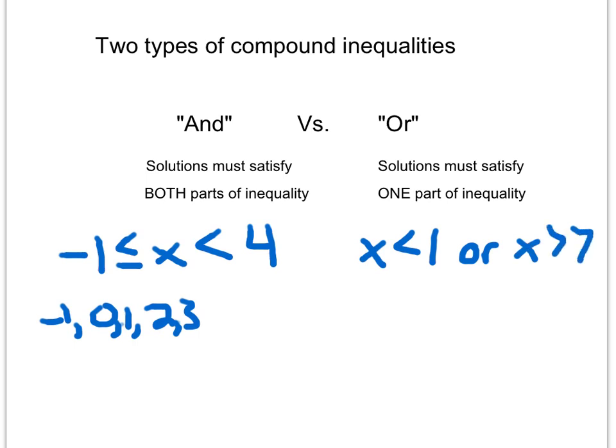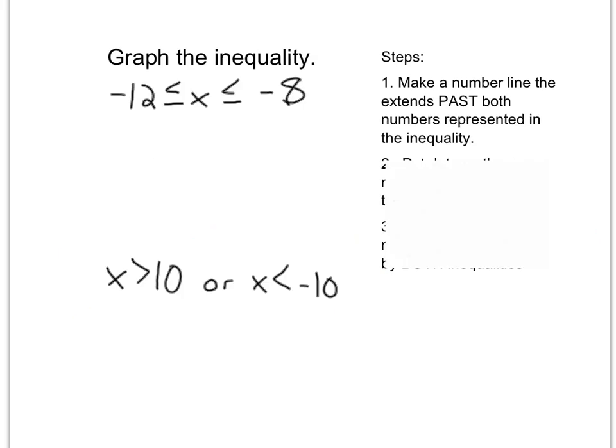Think about numbers that would satisfy this. 0 is less than 1, so it works. 8 fills this because it meets the second criteria over here. So "or" has solutions that only need to work for one of the two inequalities. 0 and 8 would both be solutions, even though 8 isn't less than 1. It's only got to fill one or the other. Alright, now let's move on.